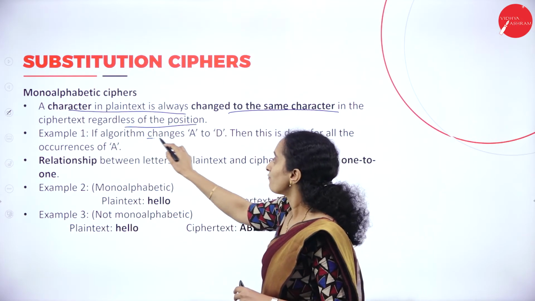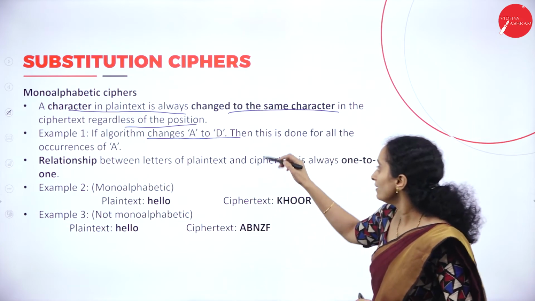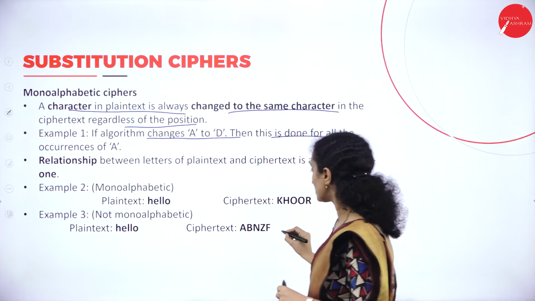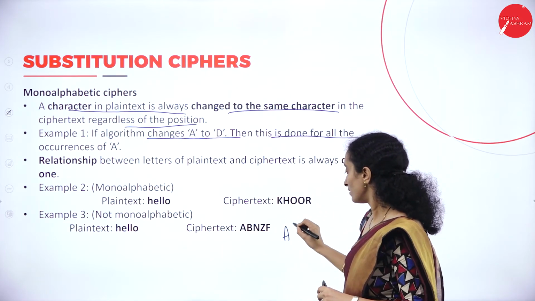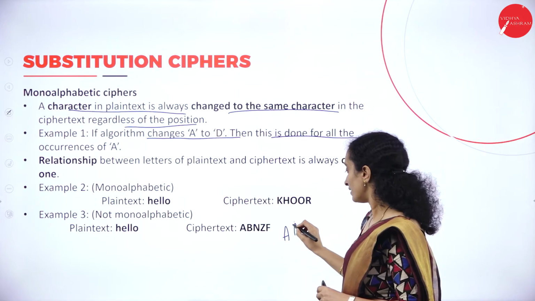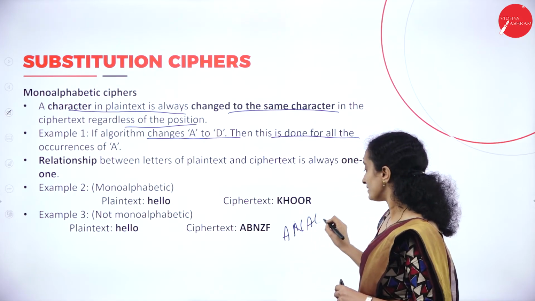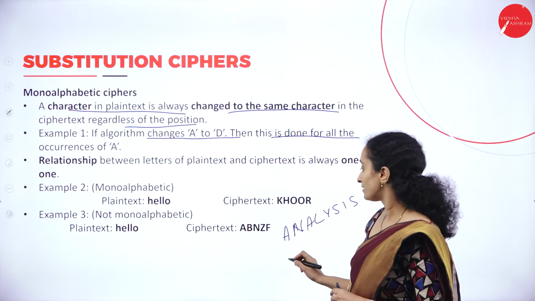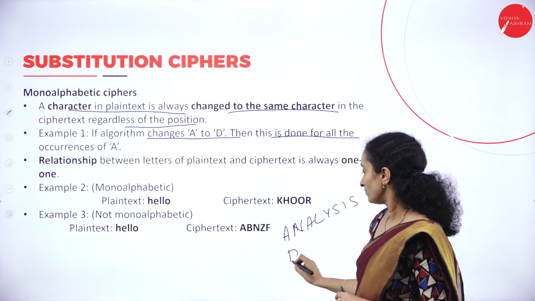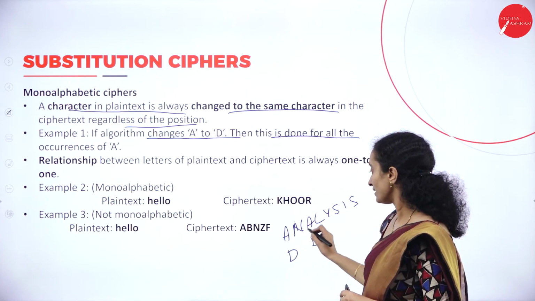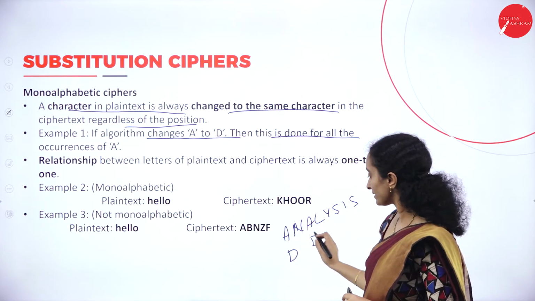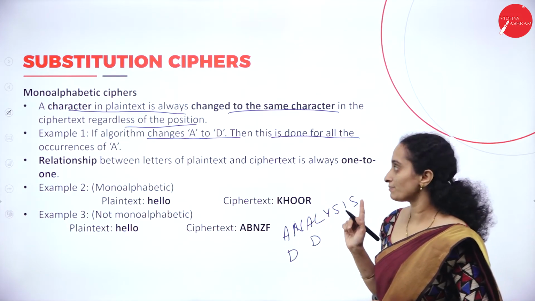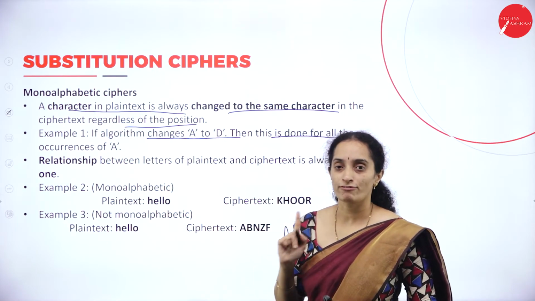Example, if the algorithm changes A to D, then this is done for all the occurrences of A. If you have used the word analysis, if I am going to replace A with D, I am going to do D replacing all the A's. The same character will replace all the occurrences of A in the message. This is called the monoalphabetic cipher.